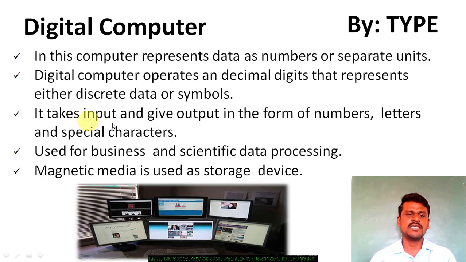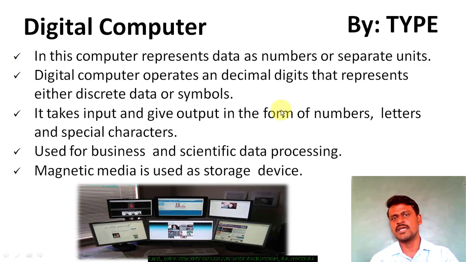Next, it takes input and gives output in the form of numbers, letters and special characters. These numbers and letters we can call data, and these special characters we can call symbols in a simple manner, right? Next, they are used for business, scientific data processing, and also for home or college purposes, right? Next, magnetic media is used as a storage device.